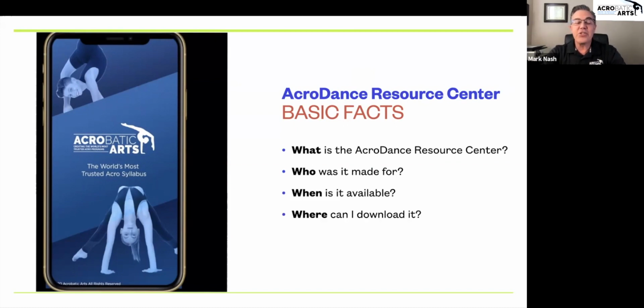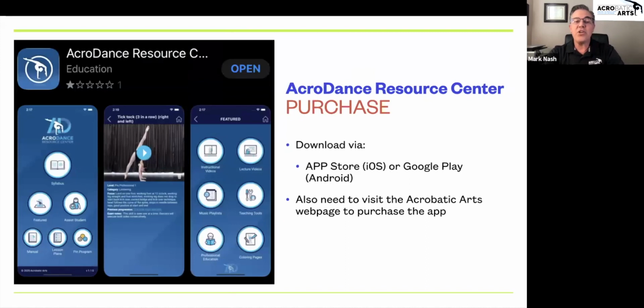I'm going to show you where you can download it and how you can purchase it right here. If you go to our main web page, that's where you're going to purchase the actual app itself. But before you do that, go to your app store, whatever it is that you use for your phone device or your iPad.